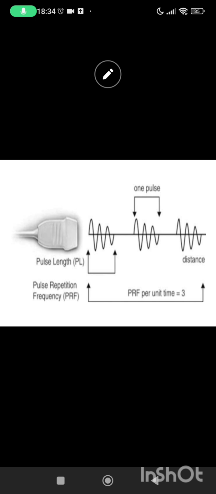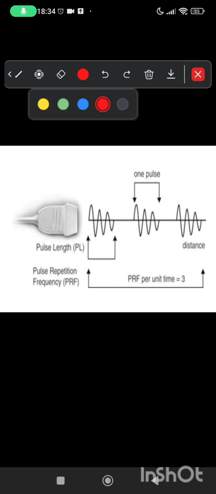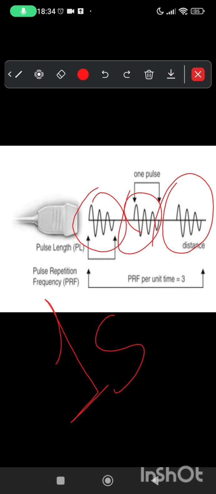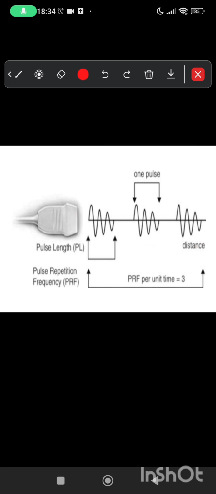Pulse repetition frequency is the number of pulses transmitted per second. So, if the time is 1 second and there are 3 pulses, what is the PRF? There are 3 pulses, the number of pulses transmitted per second, so PRF will be 3 here.